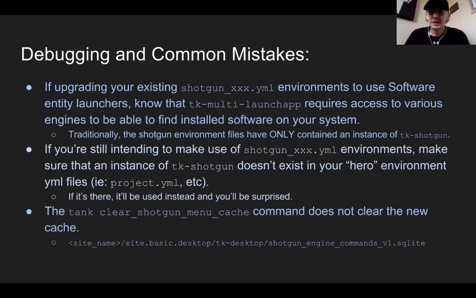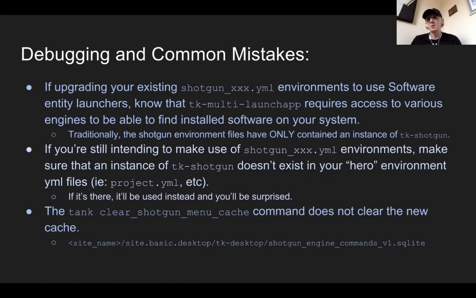Some other common mistakes that we've seen come in. Probably the one that is the most complicated to work out is the transition from using paths.yaml and app launchers with Launch App over to software entities. Now, that's particularly troublesome for a lot of people because using software entity launchers with Launch App requires access to every engine that you want to have launchers for.